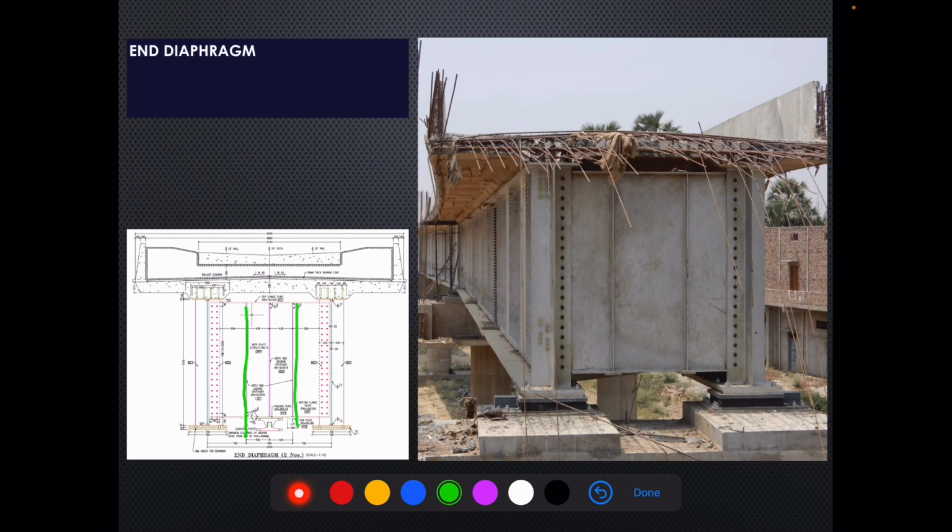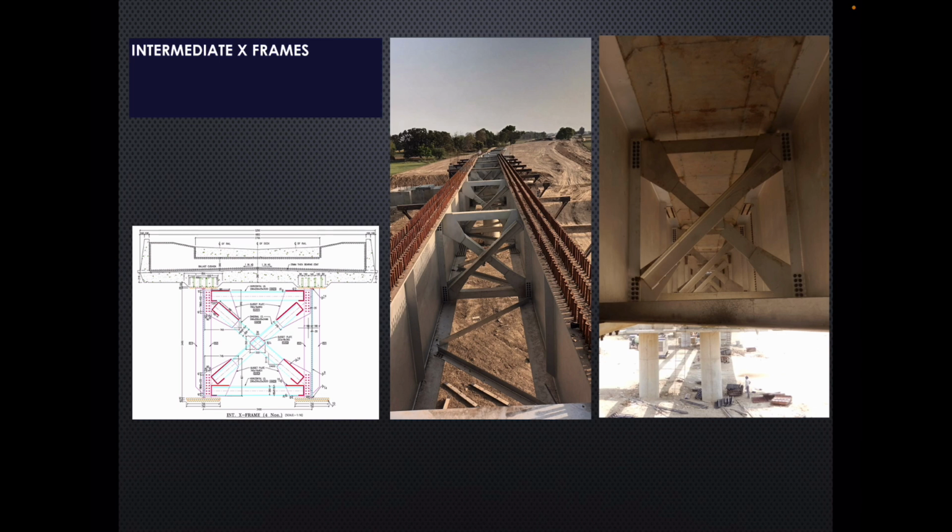So here you can see these jacking stiffeners, below which, in case of inspection or maintenance, you can place jacks to lift the girder. Then let's move on to the next component, which is intermediate cross frames.